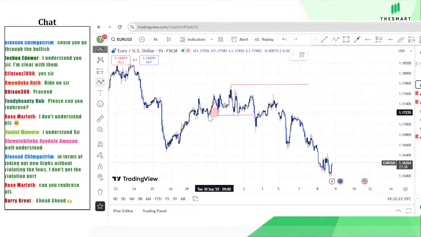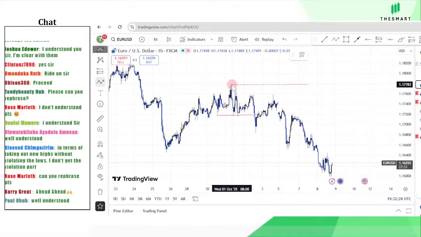You see, we took out this high, the price pulled back without taking out this low. It continued to the upside again and took out these highs. Now we were expecting the market to take out this high where I have this line drawn. But what happened?